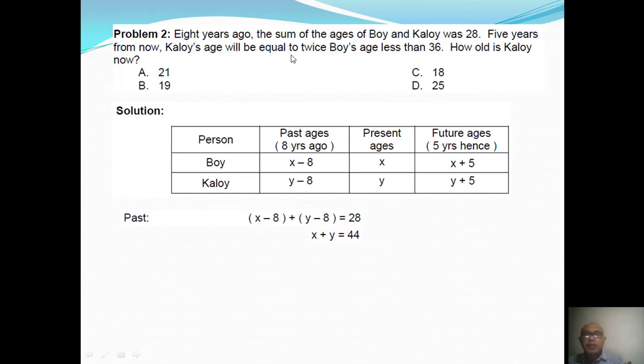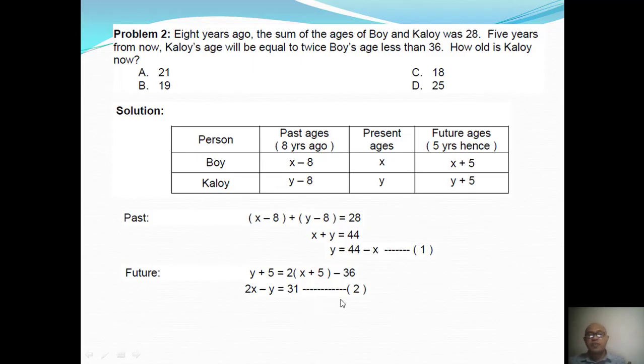Kaloy's age will be equal to twice Boy's age, less than 36. So paano ba yan? Kaloy's age will be equal to twice Boy's age, less than 36. So that is y plus 5 is equal to twice of x plus 5 minus 36. Then we can form the second equation.